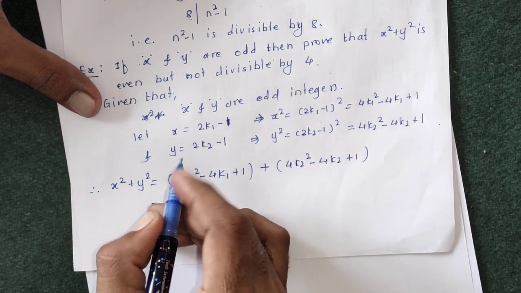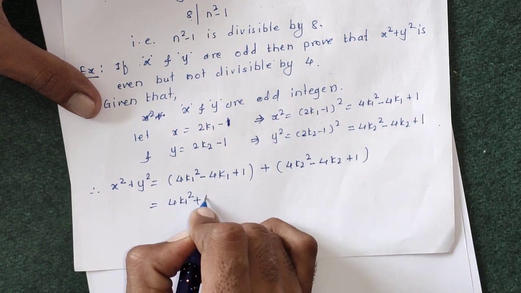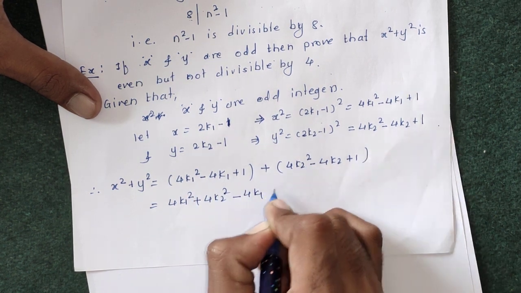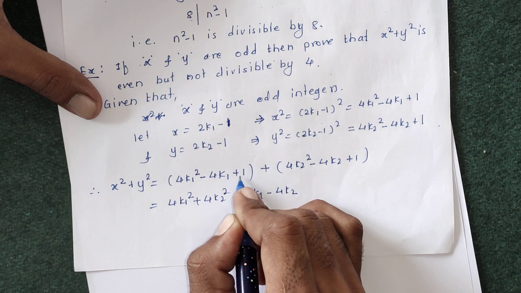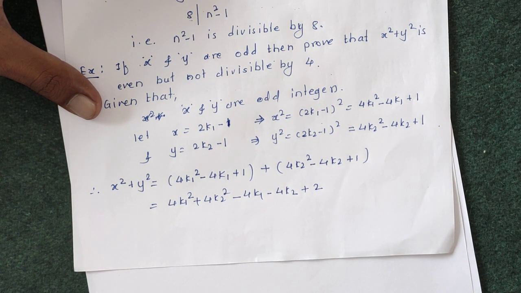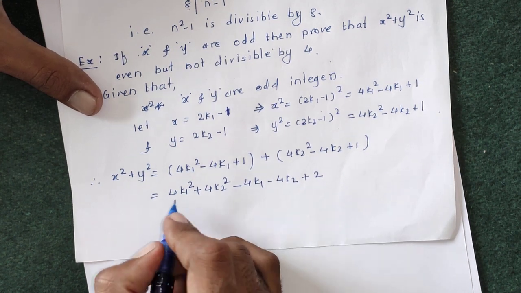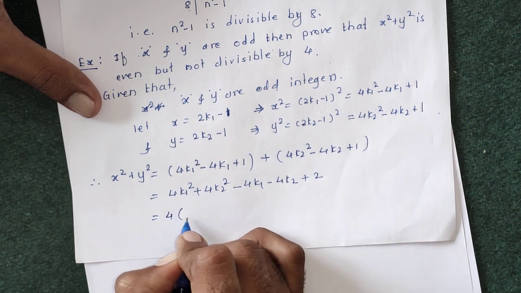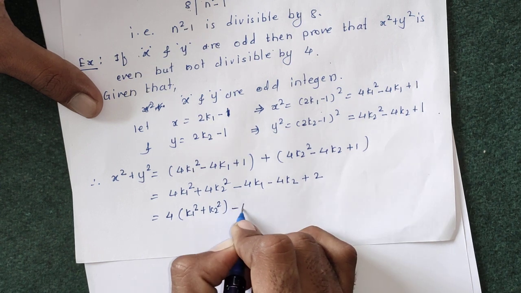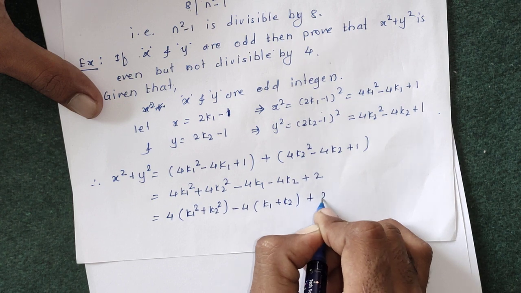Rearranging, we get 4k1 square plus 4k2 square minus 4k1 minus 4k2 plus 1 plus 1, which is plus 2. Taking 4 common from the first two terms and minus 4 common from the next two, we get 4 into (k1 square plus k2 square) minus 4 into (k1 plus k2) plus 2.